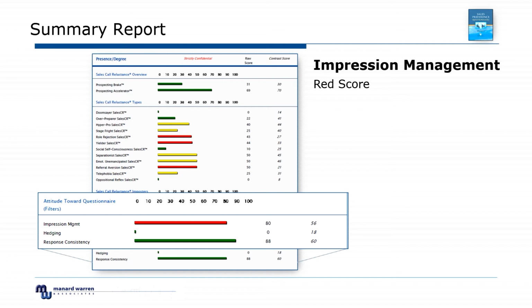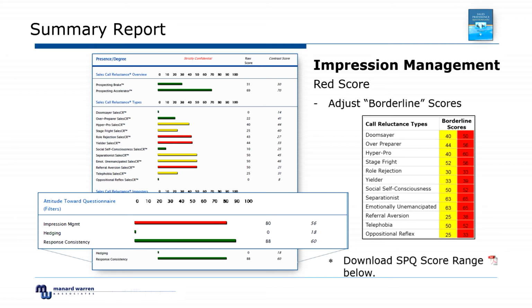So what we're going to do is, if you have, in any of the 12 categories, the highest yellow score that you can have, we're going to go ahead and move those scores into the red zone. There's a chart that will show you what the highest yellow score, we call it a borderline score, actually is in each of the 12 types.